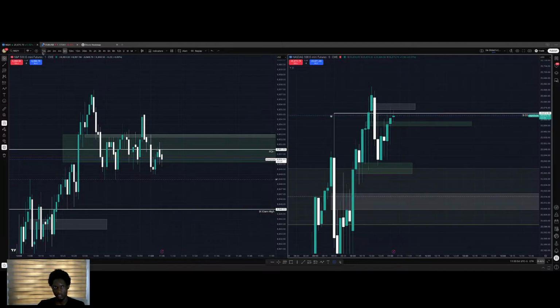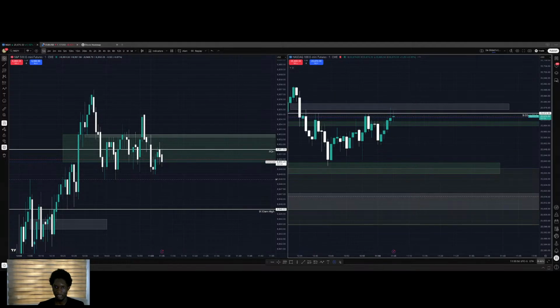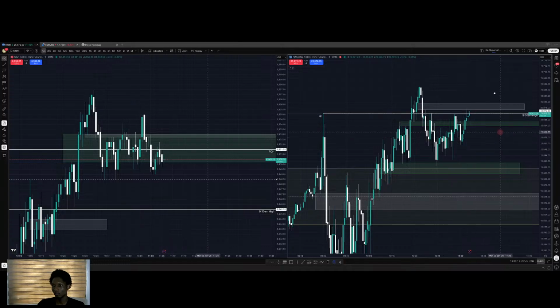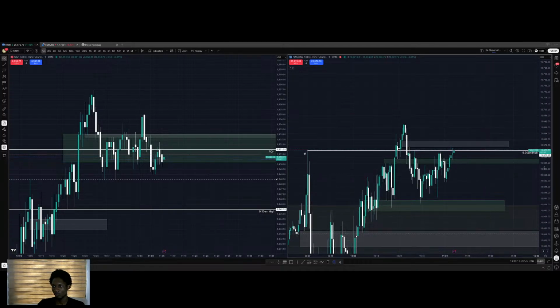I'm not taking anything anymore. That's enough for me. If this candle should close somewhere here, I would take that sell. But personally, I'm not taking any trade today.